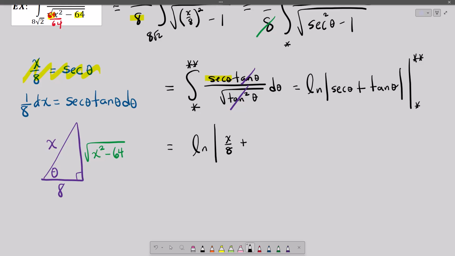So secant of theta is x over 8, or you can look at the triangle. Tangent of theta is opposite over adjacent.